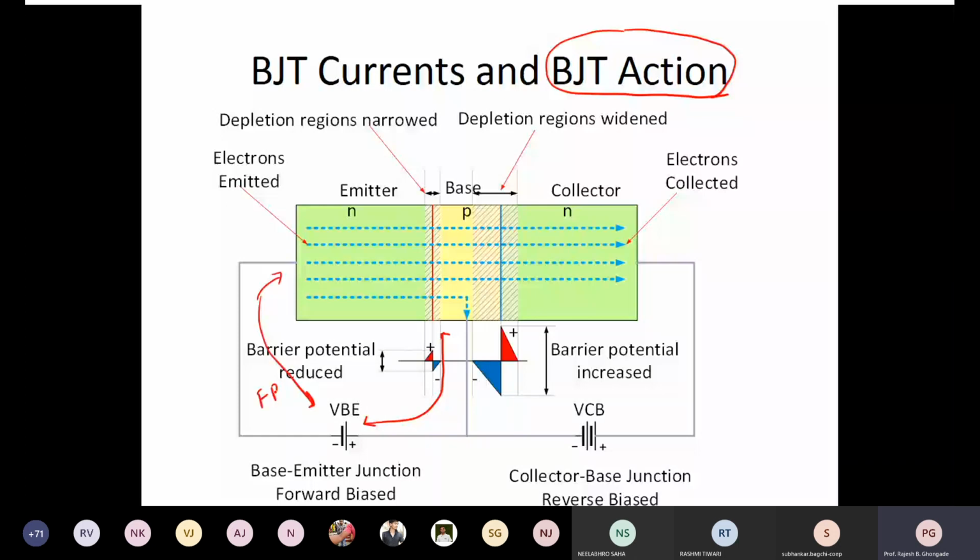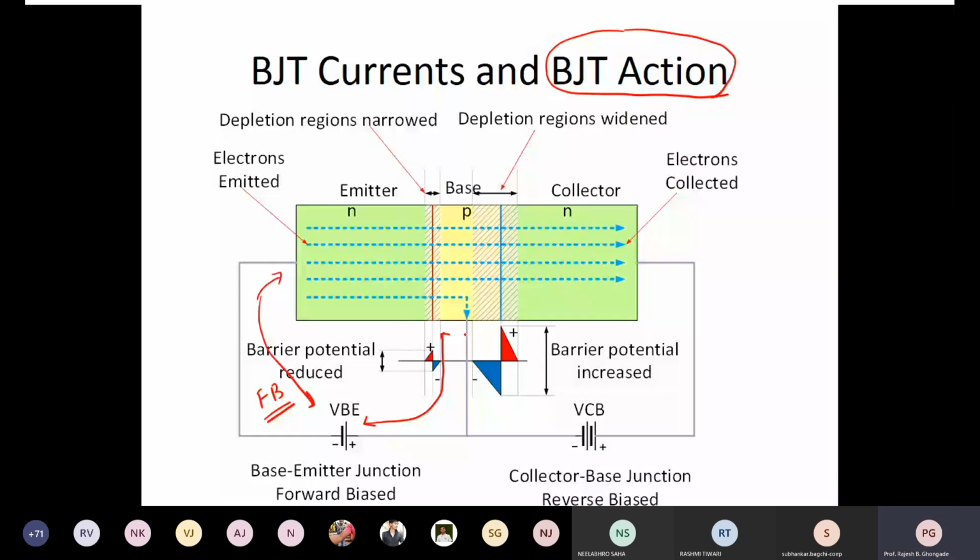And that is what I said. If you have not revised the forward bias and reverse bias in the previous lecture, you have to go back and study that. So this is an interesting combination. I am forward biasing the emitter junction. Now, what am I doing with the collector junction?